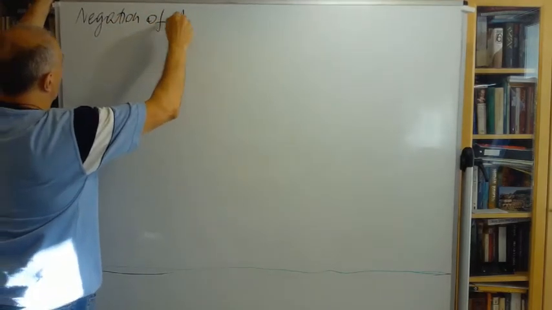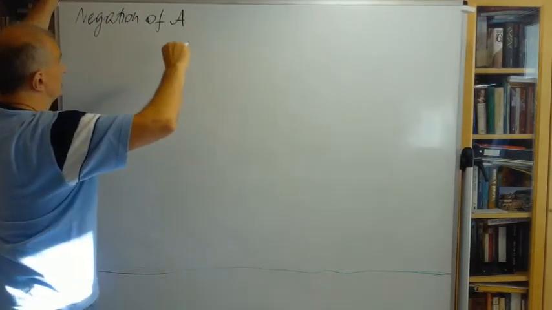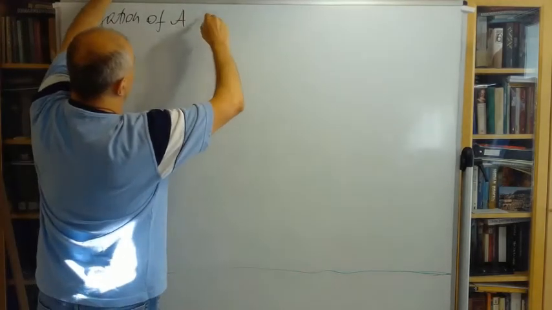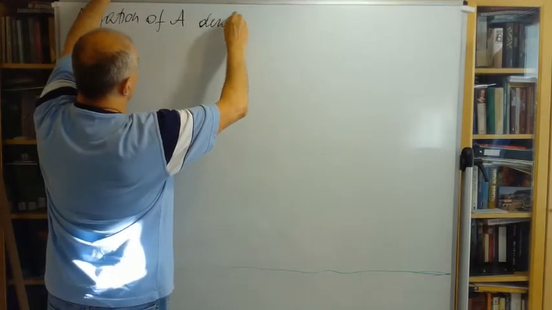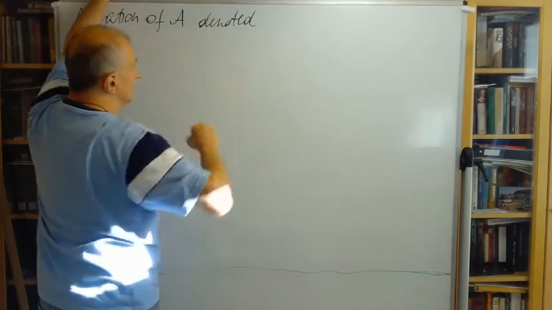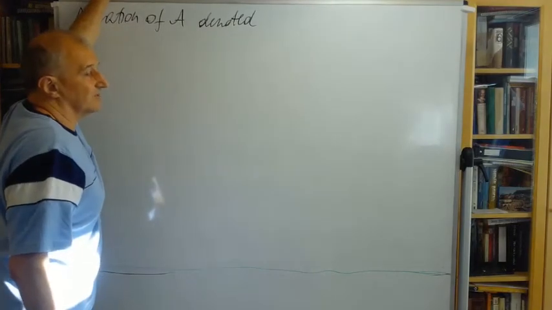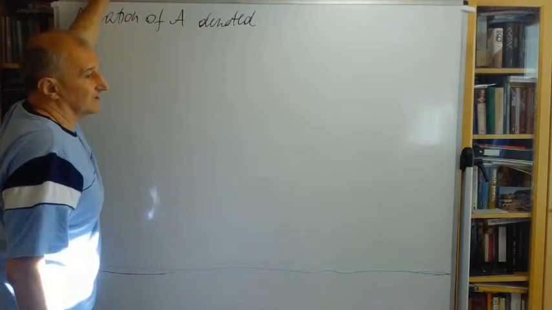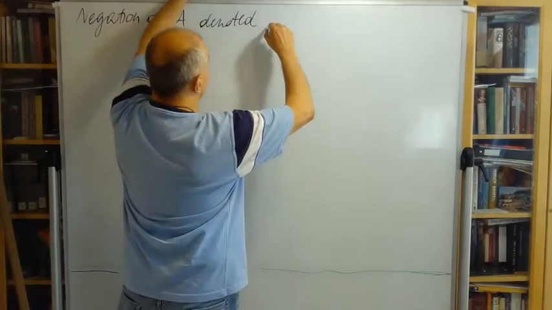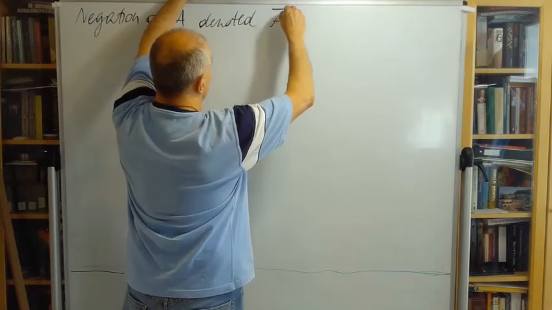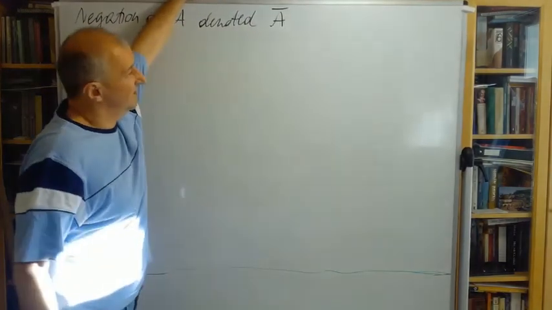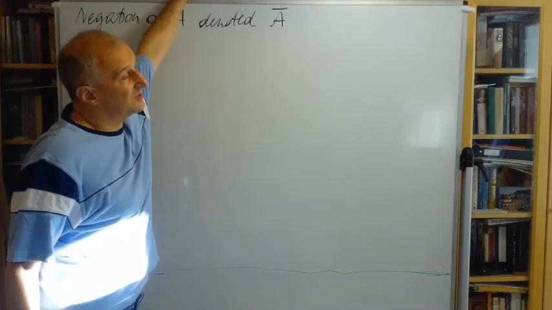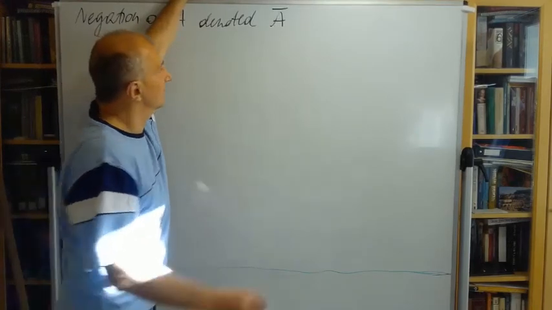Negation of A is denoted. There are many notations for this. Not A with a bar on top, and that's the one I'm mostly using. It's compact and convenient.